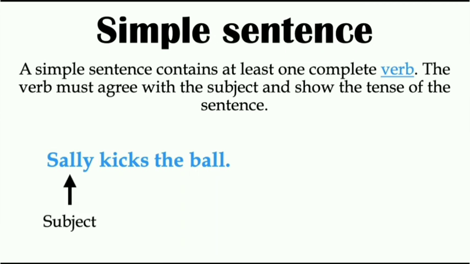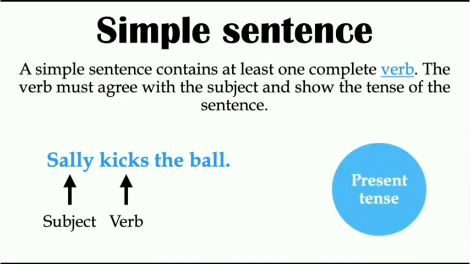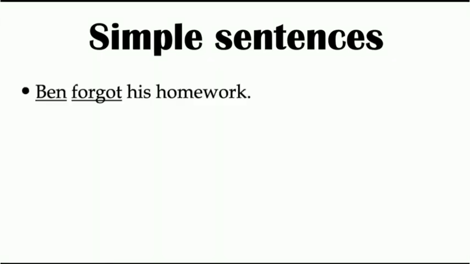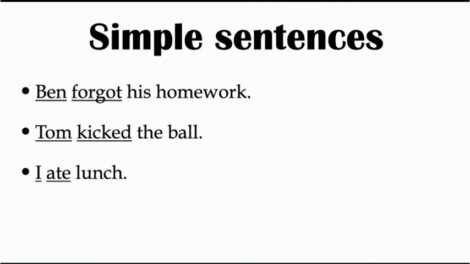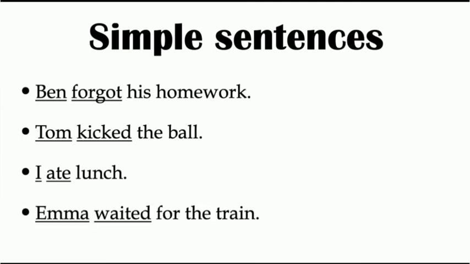Sally is the subject. Kicks is the verb. And the tense used is the present tense. Simple sentences. Ben forgot his homework. Tom kicked the ball. I ate lunch. Emma waited for the train.